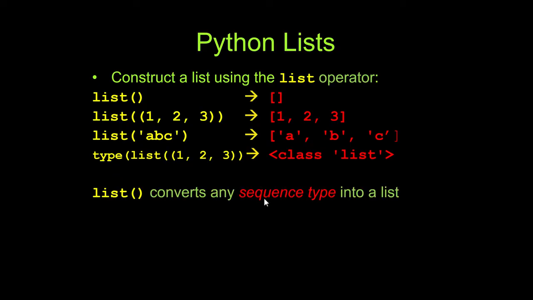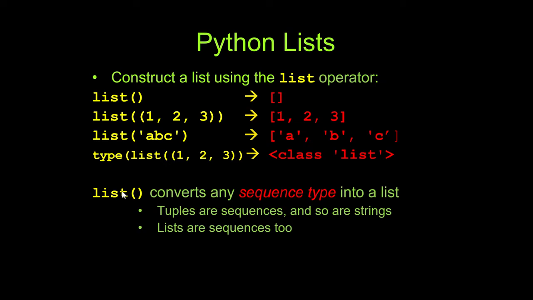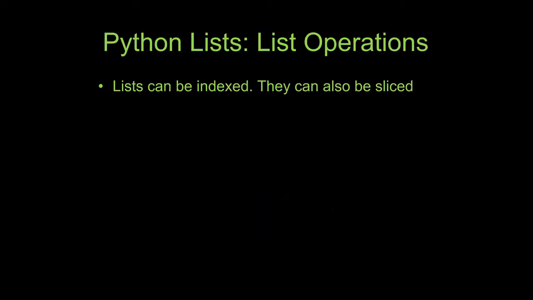Sequence here means a collection of items with order, where there is a first and a second and third and so on. Tuples are sequences and so are strings. Lists are also sequences too. So the keyword list also works on a list itself to give you another list of the same content.